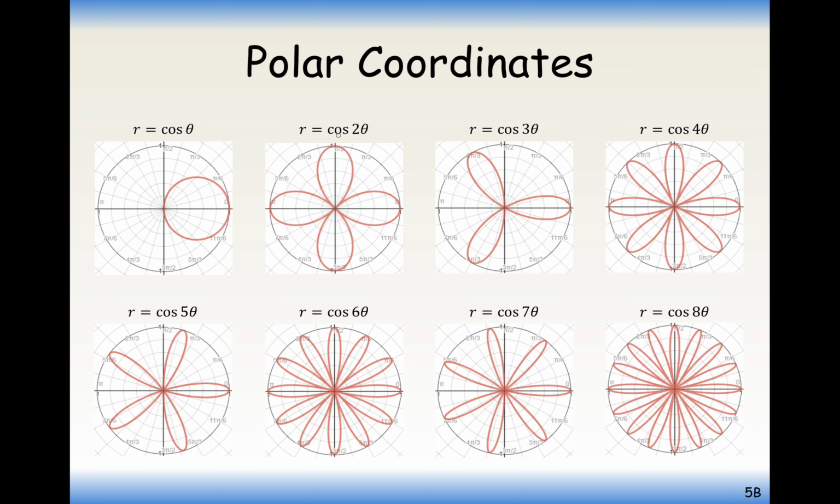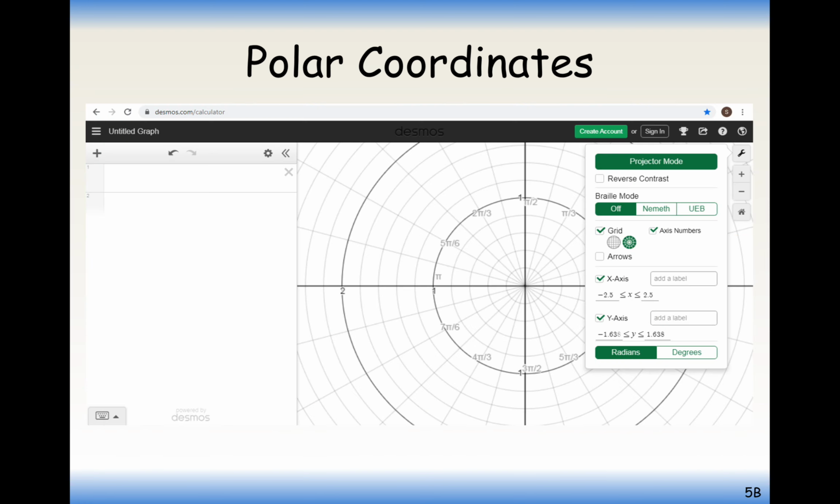Something very similar would happen if you replace all of these with sine, and in fact that's what I want you to do. If you do have the opportunity, go to the website desmos.com, you don't need to type in the /calculator, and these are the settings that I like to have switched on when I'm on Desmos.